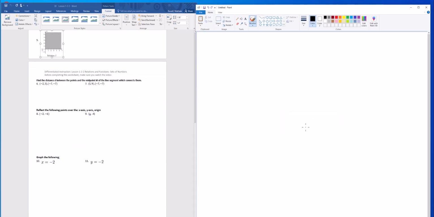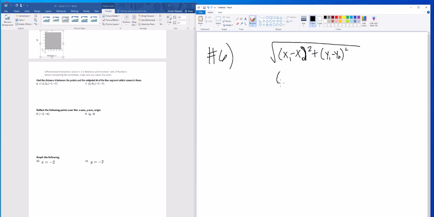All right, for number 6, it says find the distance d between points and the midpoint of the line segment that connects them. All right, so remember the distance formula. So you just plug in the points. -7 minus -2 squared plus -7 minus 3.